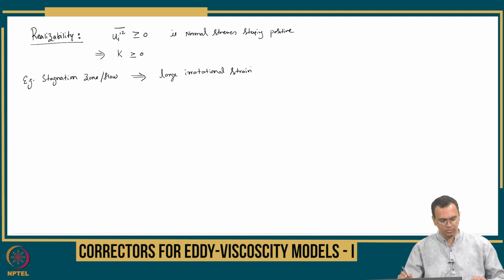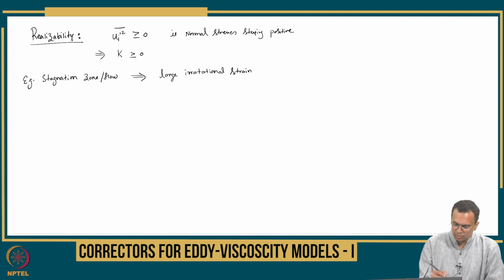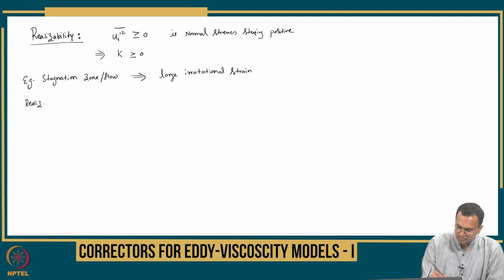And we also found that when such a thing exists we need to fix it. So today we will discuss one such solution for this, one realizability constraint that you can implement.